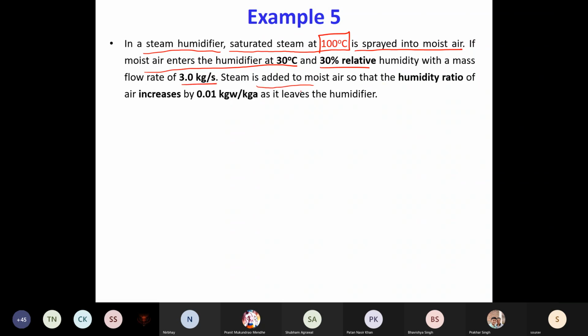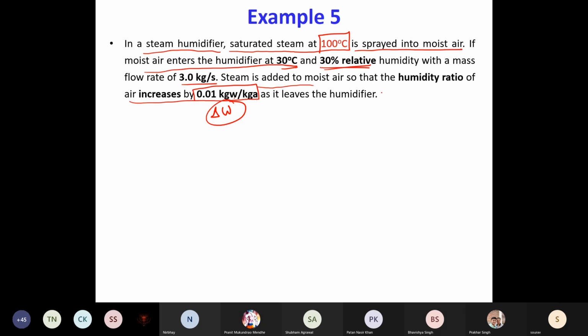Steam is added so that the humidity ratio of the air increases by 0.01 kg of water per kg of dry air. So it gives you the delta omega or delta W. So the incoming air state is given, 30 degrees C and 30% RH.